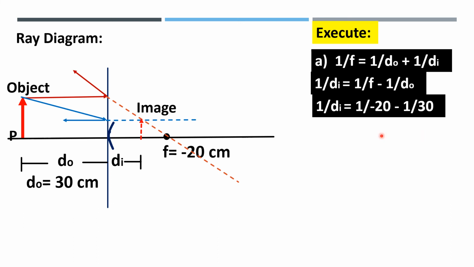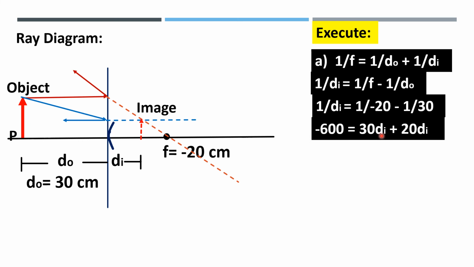Okay, in solving for di, these terms are expressed in fractions. So again, we get the least common denominator, and this is how we proceed. We have negative 600 centimeters on the left side of the equation, and if we multiply this by the least common denominator, which is negative 600 di.